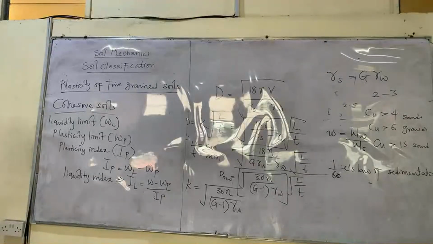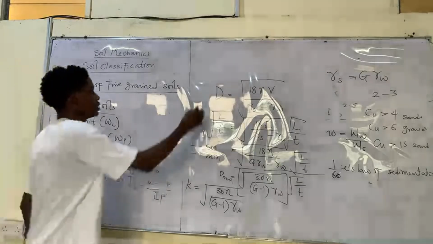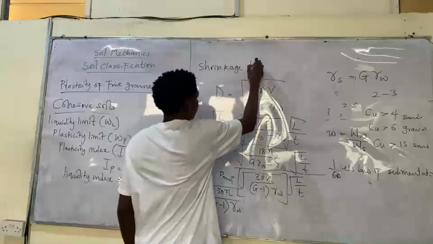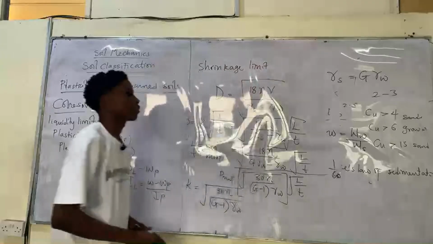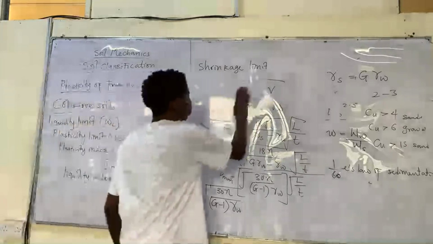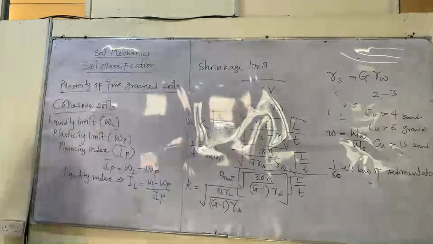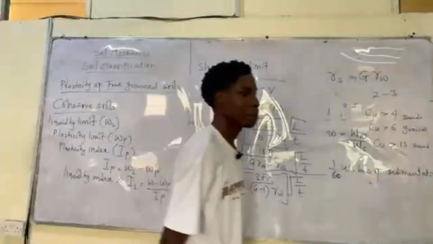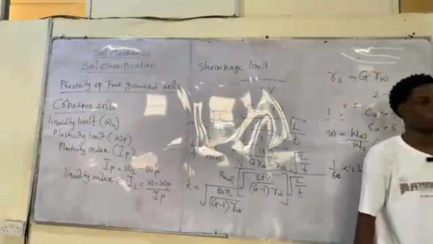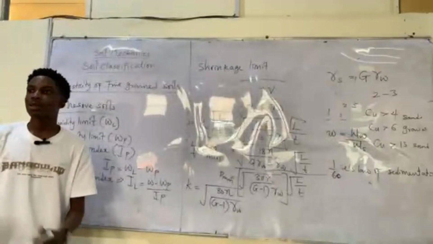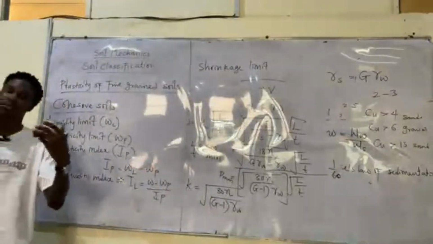Okay, there's also the shrinkage limit. Now, the soil has been liquid, then plastic, then solid.